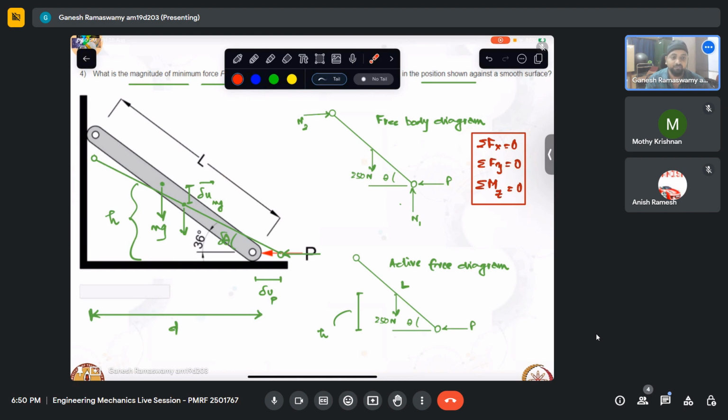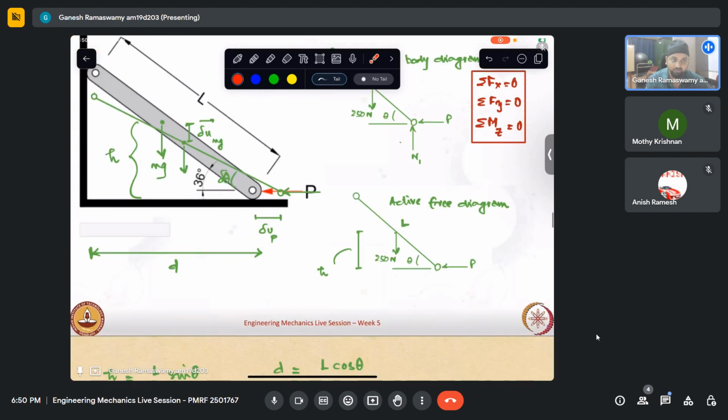Whereas if I have 4 rigid bodies connected, I draw the active force diagram without dismembering it. I just have to write one equation and I can get the solution, provided the system has 1 degree of freedom. If it has multiple degrees of freedom, I have to write multiple equations. But currently we are dealing with only single degree of freedom systems. In such a case, this will be ridiculously fast to write and analyze the equilibrium of the system. So that is the benefit of virtual work. So I hope that is clear.